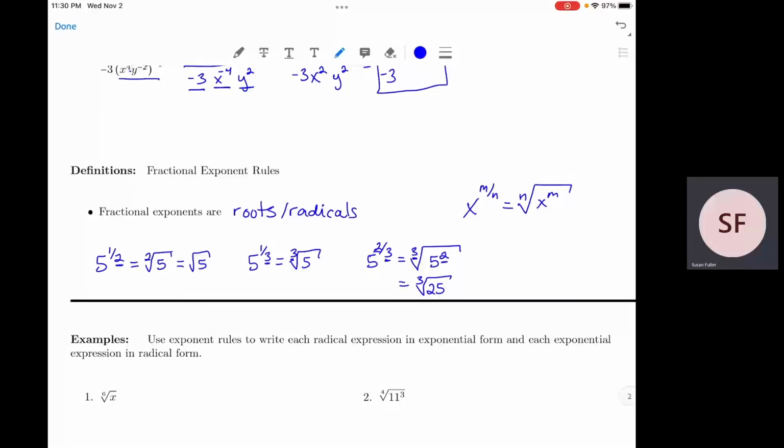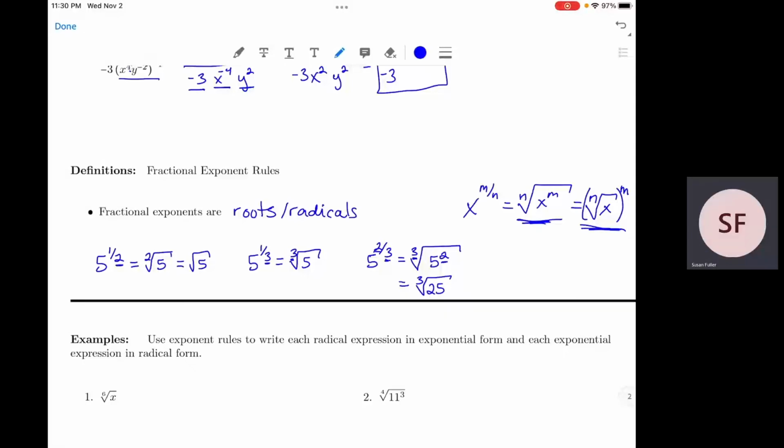Kind of a fun fact, we're going to write it in this form more often, but we can actually also put this exponent of m on the outside of the radical if we want. So this is equivalent to the nth root of x, that whole thing to the m power. We can also write it like this. These two expressions here are equivalent.